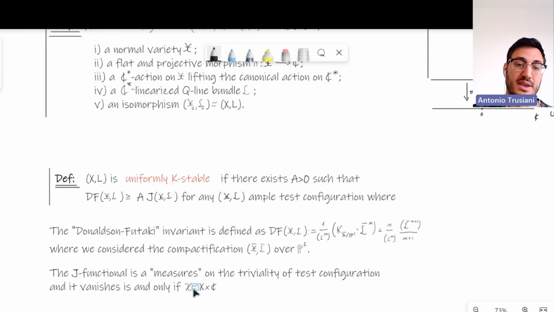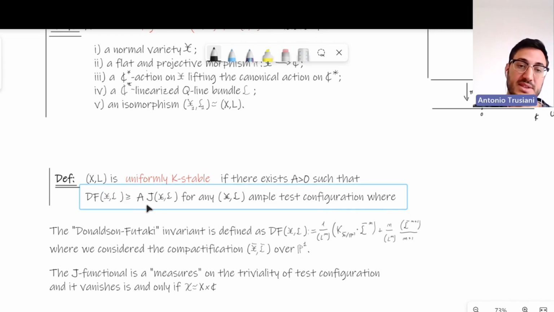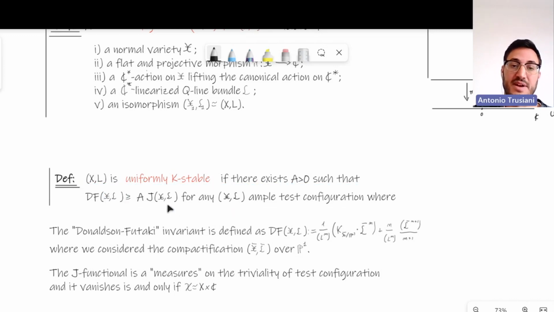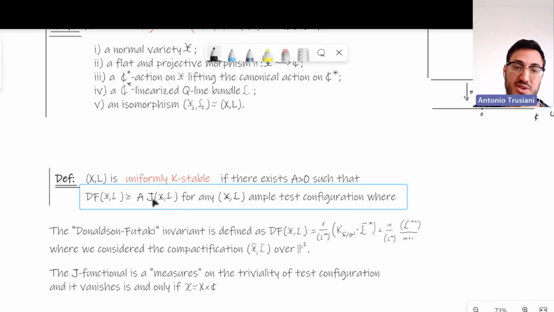That is the same as saying that calligraphic X is isomorphic to X times C. But here we ask for uniform K-stability, so we need that the Donaldson-Futaki invariant dominates a kind of norm of test configurations given by this functional, that is non-negative, and it measures the triviality of test configurations.